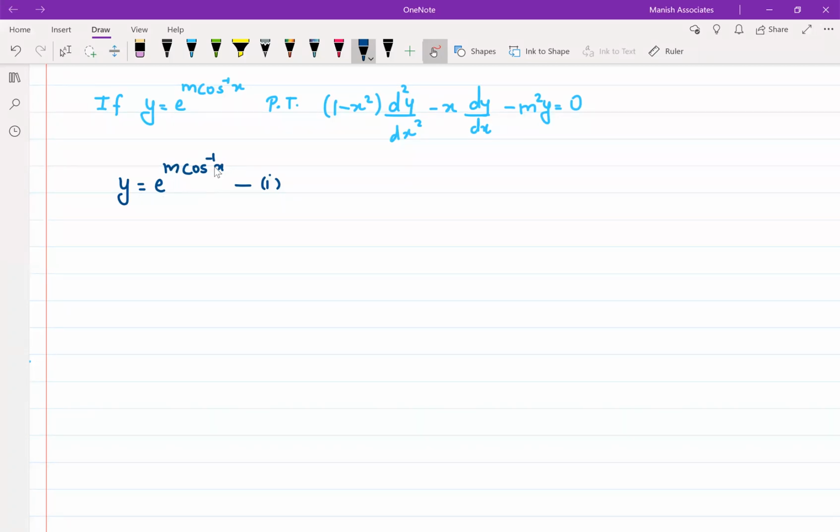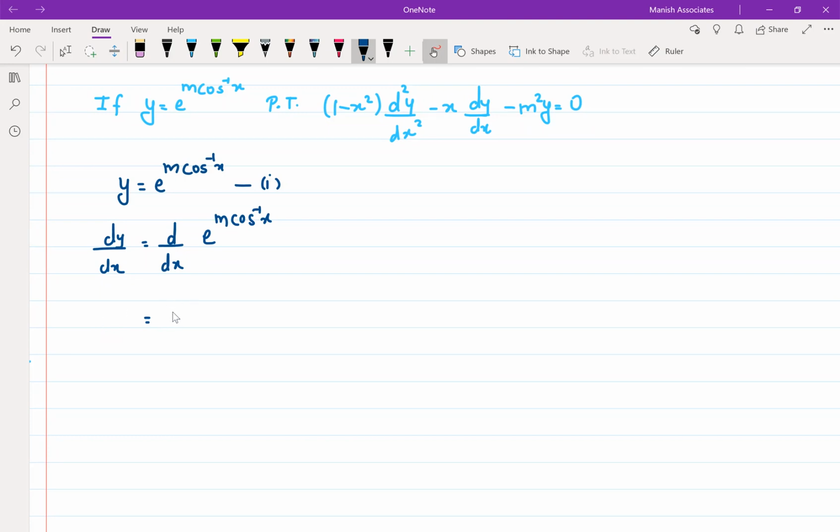So y is e raised to m cos inverse of x. I'll differentiate now. So your dy by dx will be equal to d by dx of e raised to m cos inverse of x. Now, e raised to m cos inverse of x is like e raised to u.